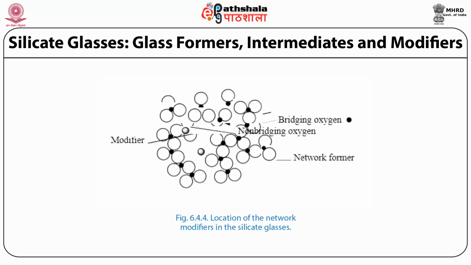So the ratio becomes 5:2, which comes out to be 2.5. Now substituting the value of R and calculating the values of X and Y, we get X is equal to 1 and Y is equal to 3. The values of X, Y, R are already given in the table which we have discussed earlier for a few glass compositions.